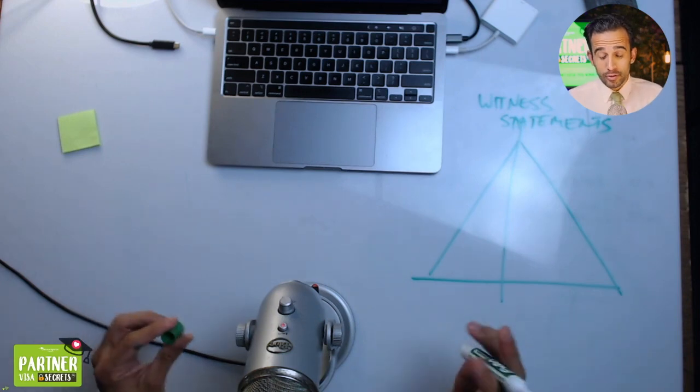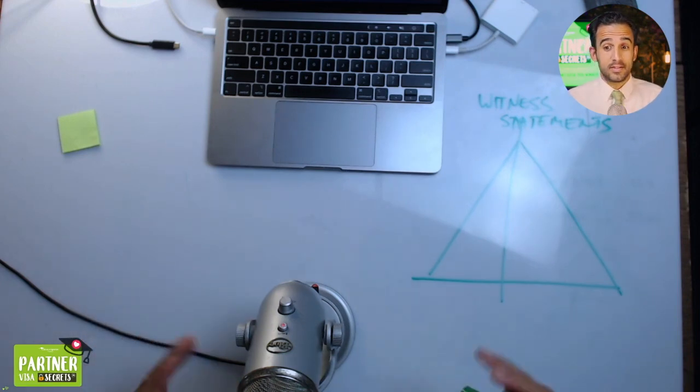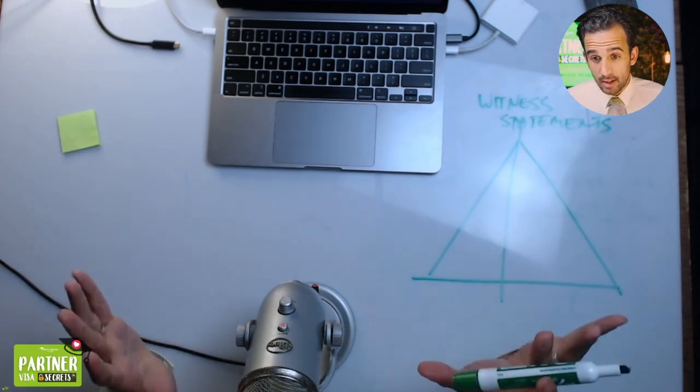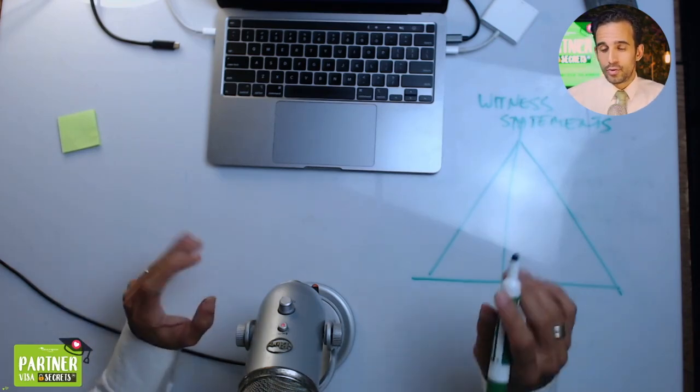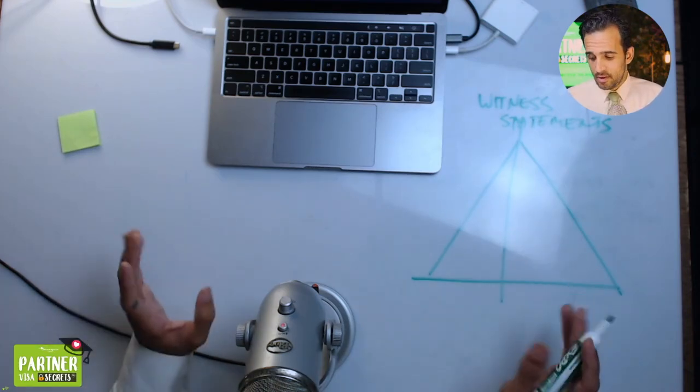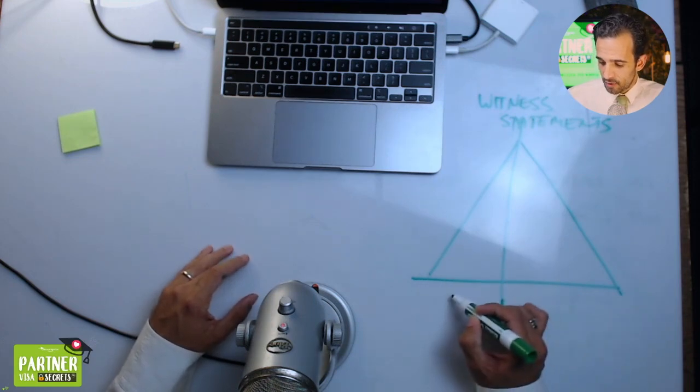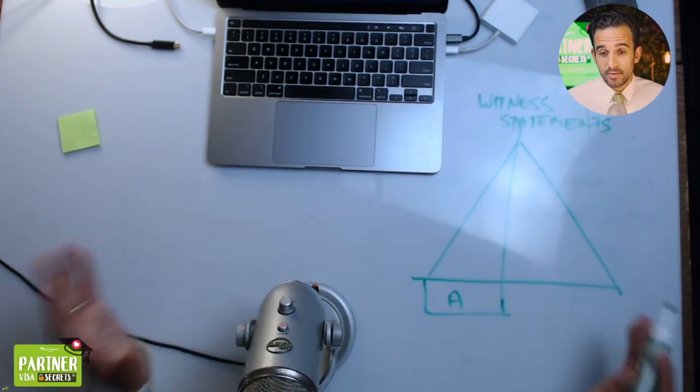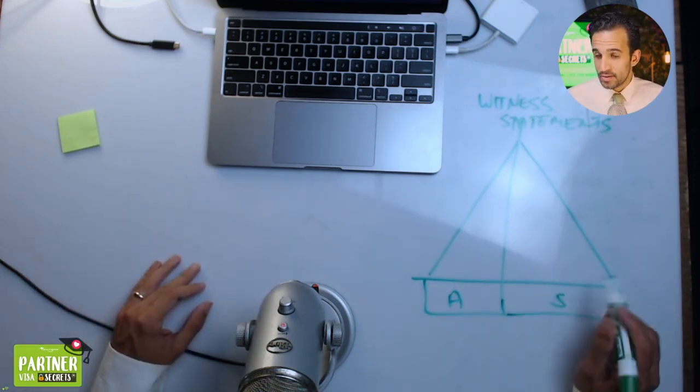And the approach you want to take in getting witness statements from your friends and family is to get statements from both sides, firstly. So you want to try to get statements from the applicant's side and the sponsor's side.